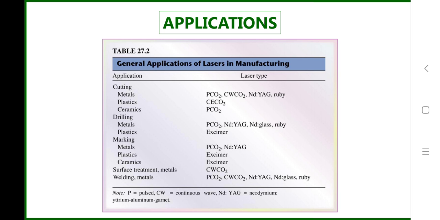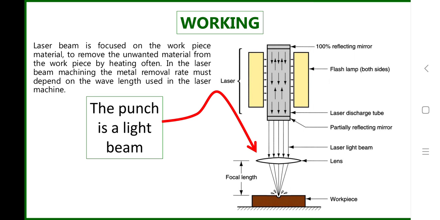Let us move to the working of laser beam machining. In this figure I have shown the schematic diagram of laser beam machining. Through this image you will get the working principle. In laser beam machining, the laser beam is focused on the workpiece material to remove the unwanted material from that workpiece. How will that material be removed?